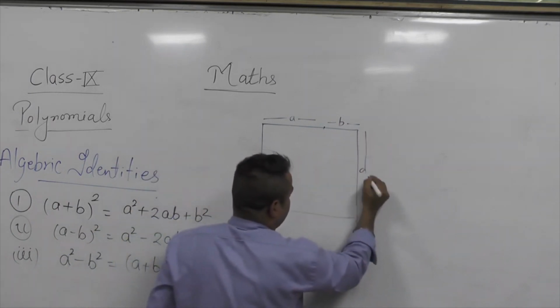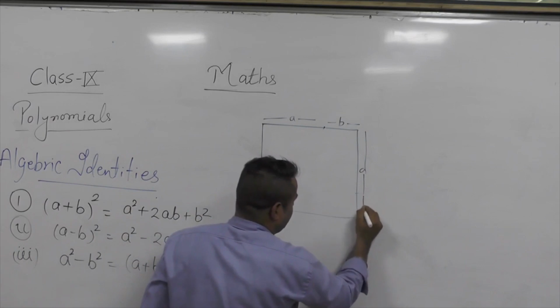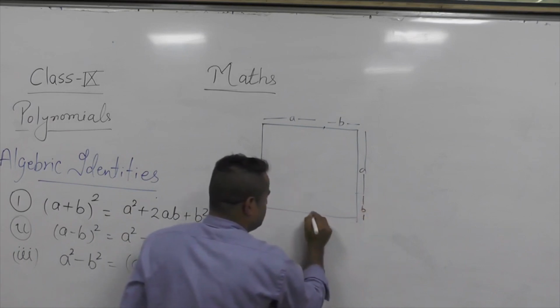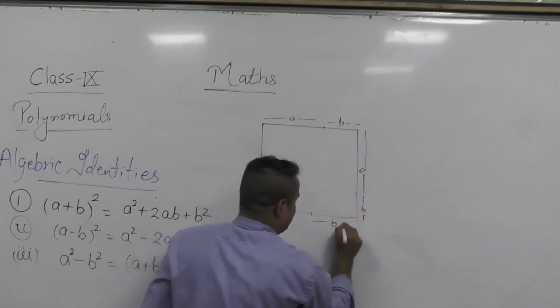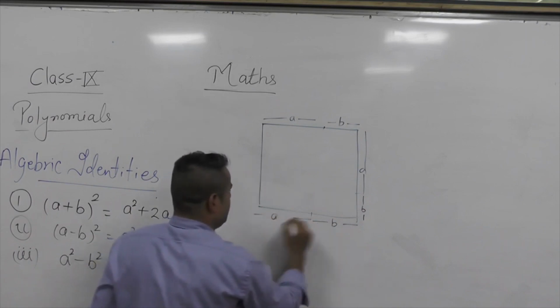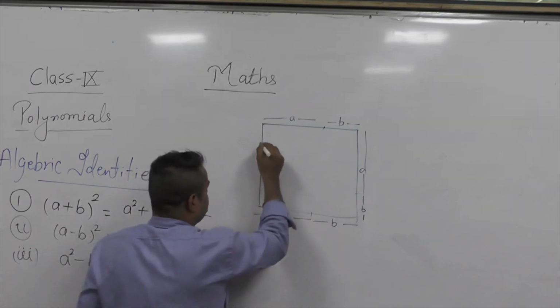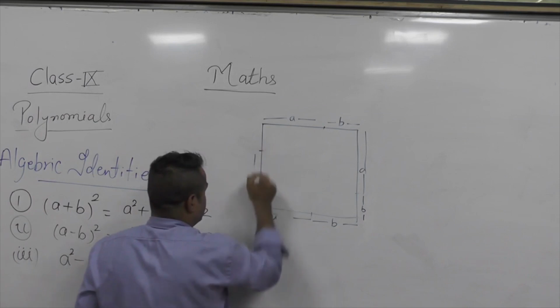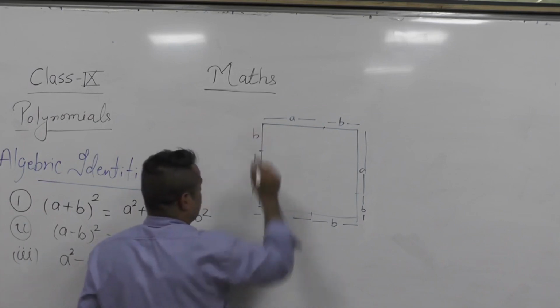This is A and this is B. This is B and this is A. This is A and this is B.